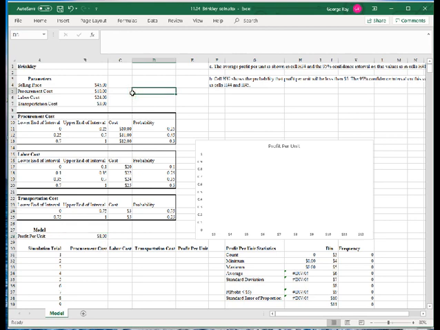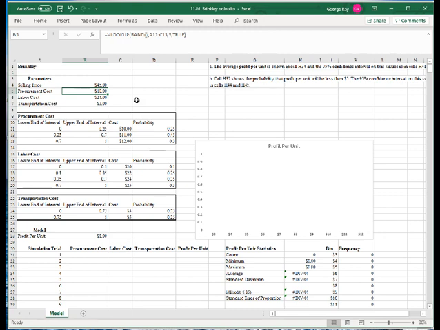Once we had the static model defined and the customer agreed with us that this is what we want to go forward with, we introduced randomness. In other words, the procurement cost, labor cost, and transportation cost are random variables, meaning that they don't have one value that we can expect in the future, but instead they'll have several different values that we might expect and a probability associated with each one of those values.